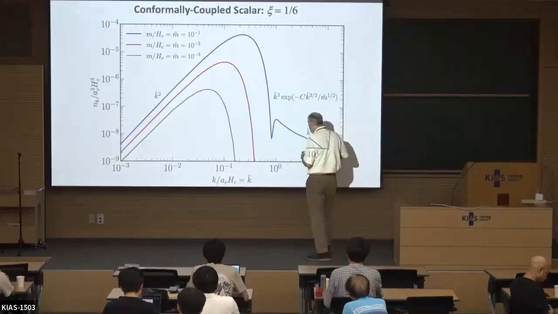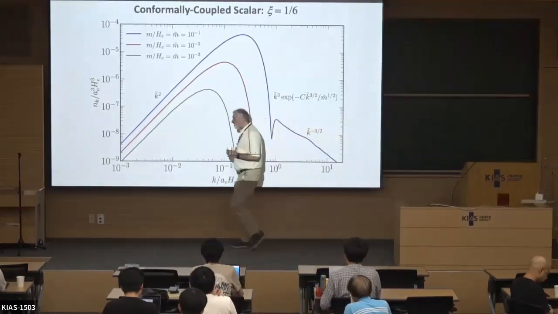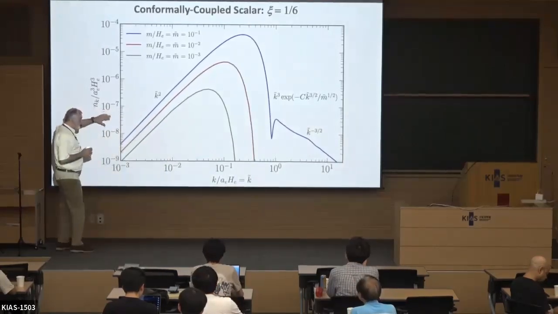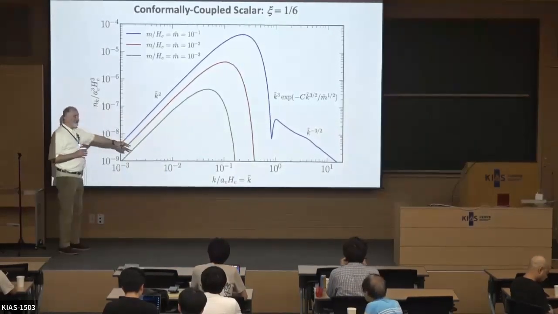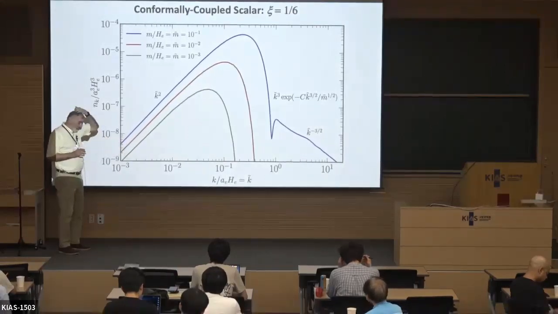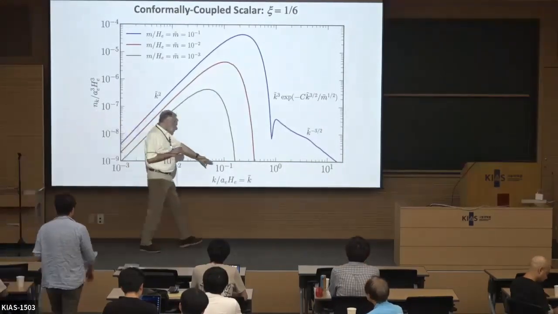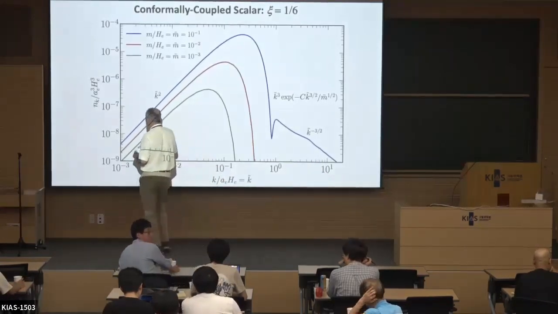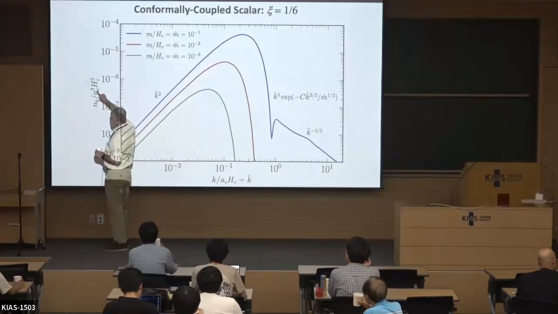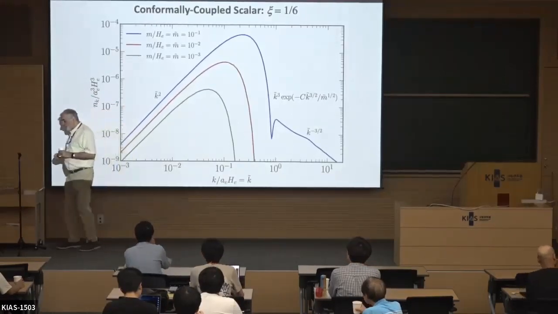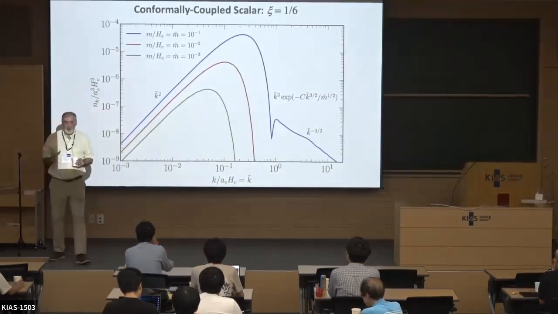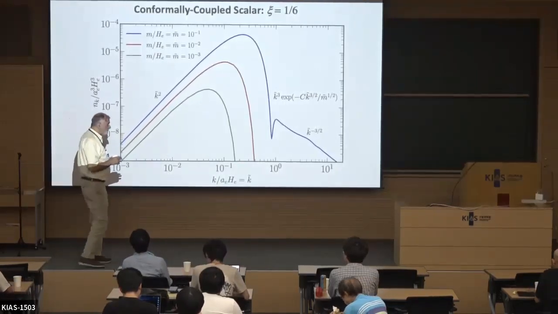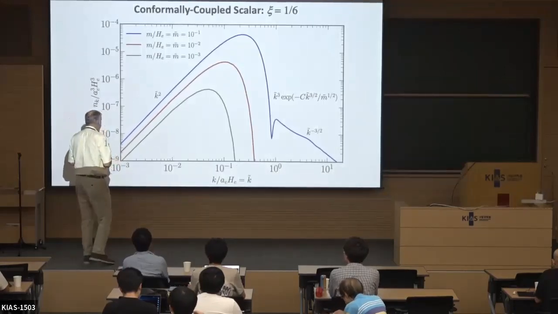So I remind you, this is a figure I showed yesterday. This is n sub k, the mode density as a function of wave number k. And k tilde is k over a_E, and this is n sub k over a_E cubed H_E cubed. a_E is the scale factor at the end of inflation, and H_E is the expansion rate at the end of inflation.